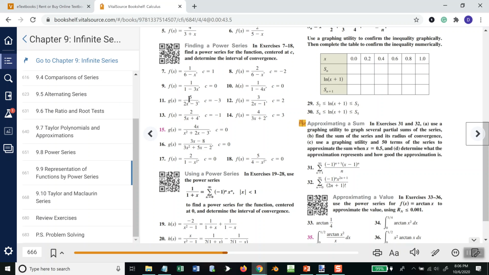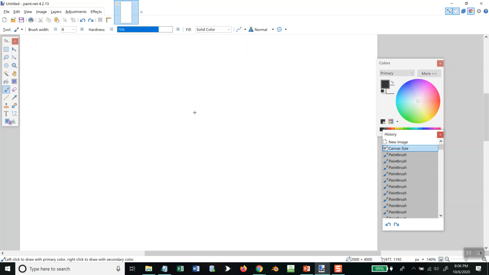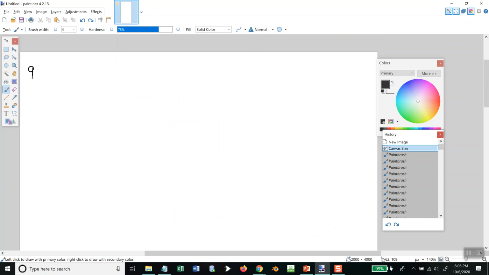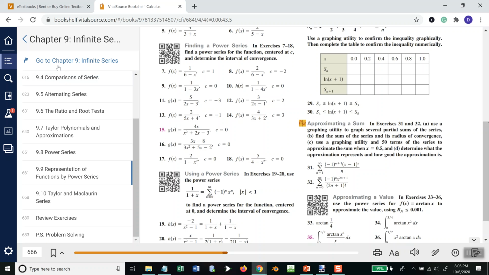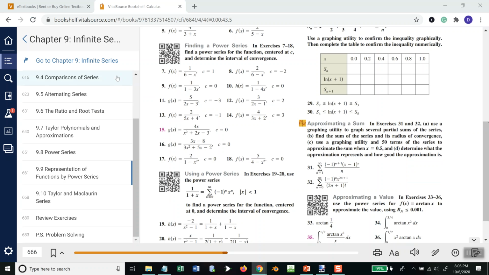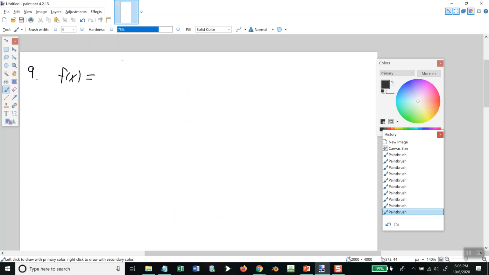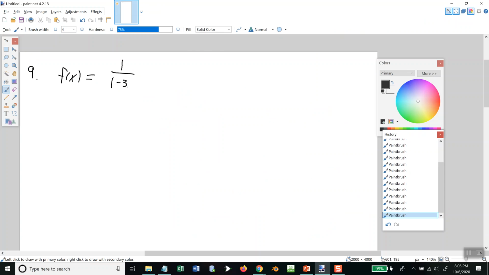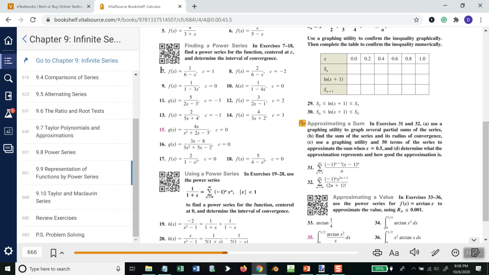Let's take a look at number 9. F of x is equal to 1 over 1 minus 3x, and centered at 0.